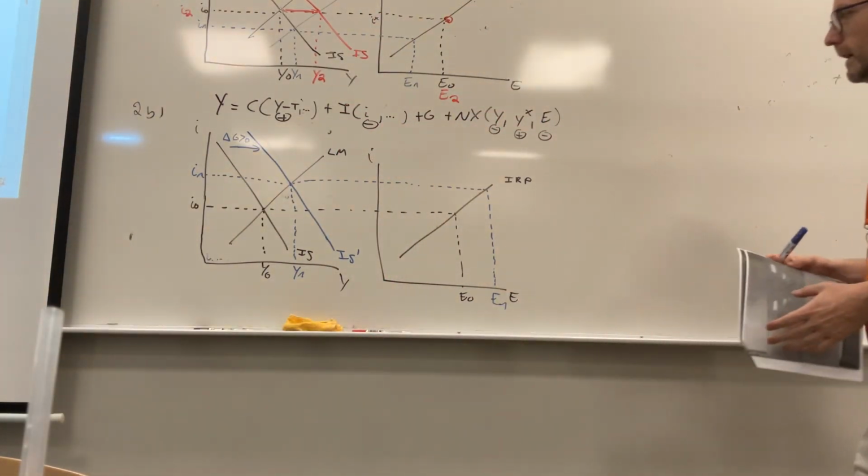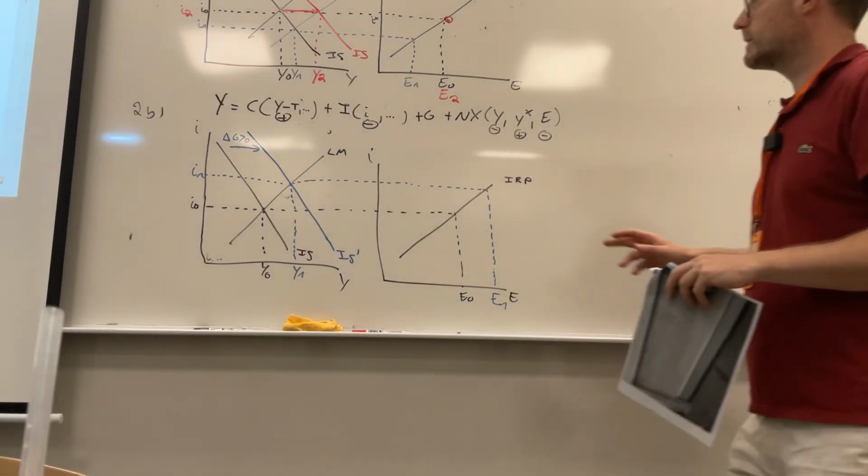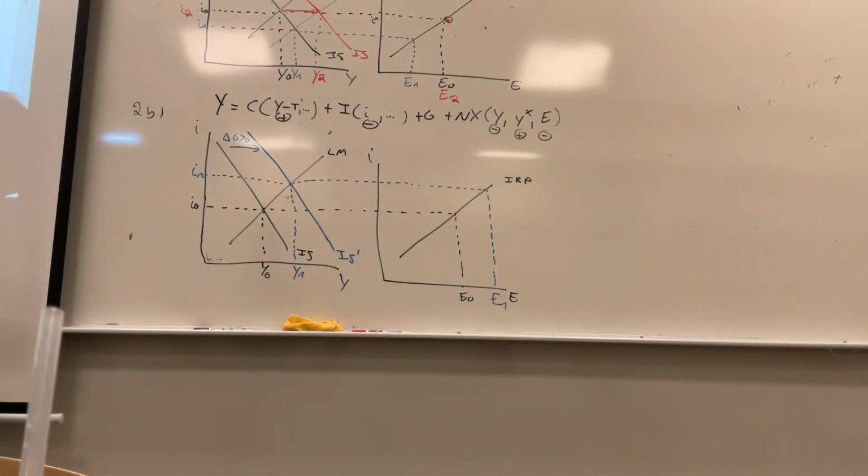Okay, so what does this mean in terms of our net exports? Well, if the exchange rate has gone up, we have a real appreciation. This means foreigners have to give up more of their currency to buy the dong.